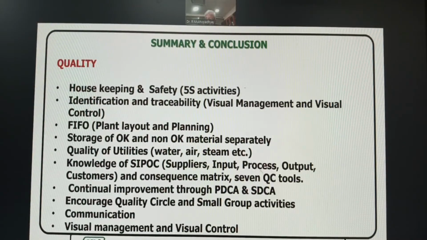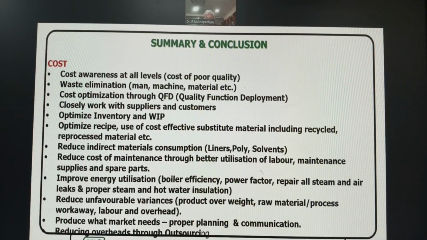Housekeeping, safety, identification, traceability, first in, first out, storing okay and non-okay material, and nothing should be on the floor in the tire industry or rubber industry. Anything on the floor, be it a compound, be it a liner, be it anything, that is contamination, ultimately a defective product. Cost awareness at all levels is required.